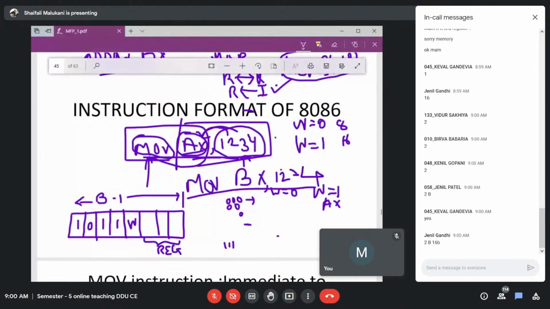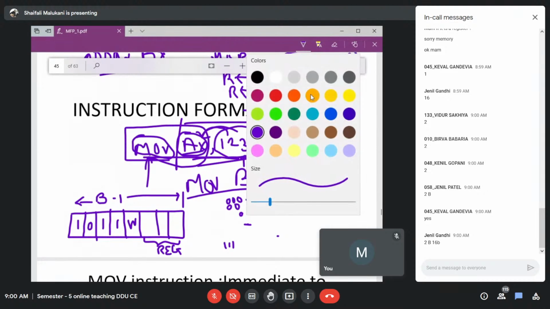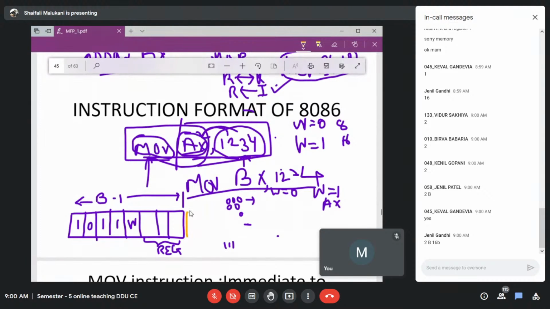Now what about the cases? So 2 bytes are needed, and I am writing those 2 bytes. One more byte is needed and one more byte is needed. So these are byte 2 and byte 3, right?